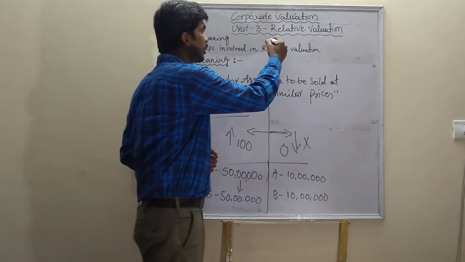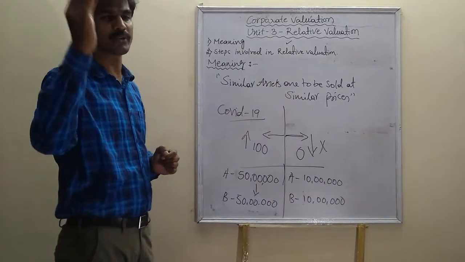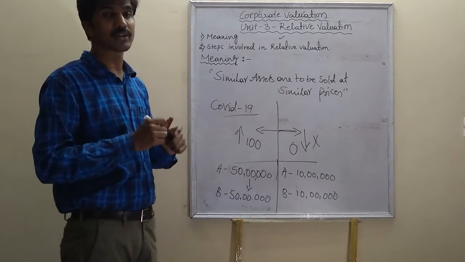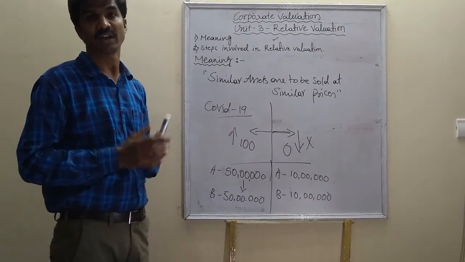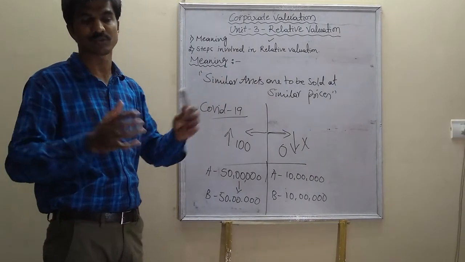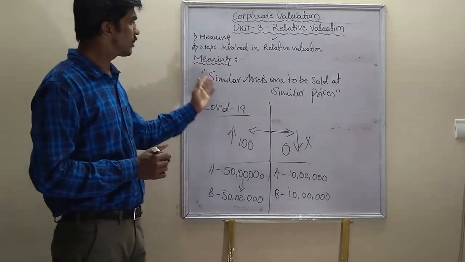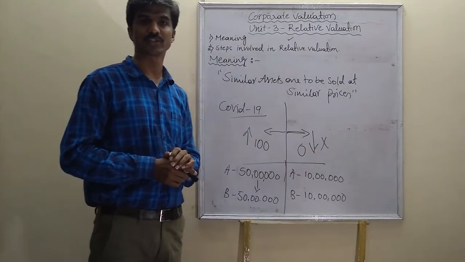Then relative valuation is one of the very best methods of valuing firms, wherein the buyer and seller both will have an edge in terms of pricing. So this is how the meaning of relative valuation can be discussed.